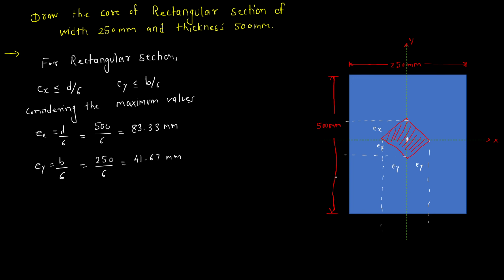Now we have got all the values. We just have to write it here. This distance ex is 83.33. So this is 83.33. Here it is 83.33. Now this ey is 41.67. So 41.67, 41.67.